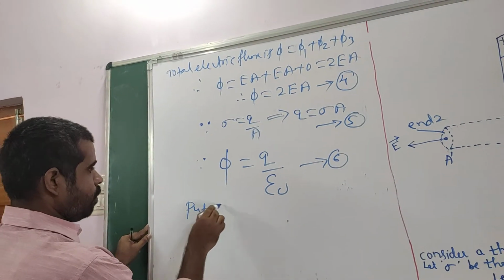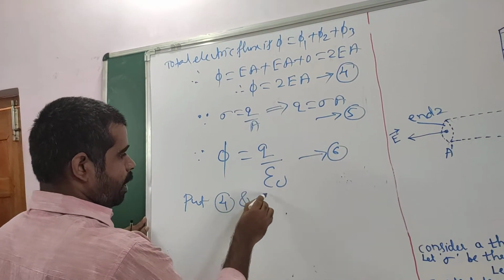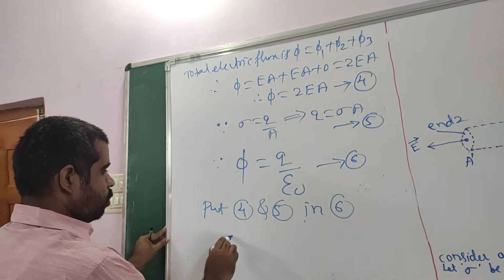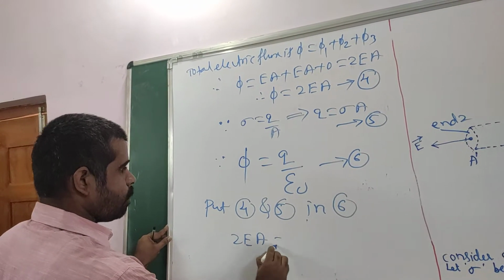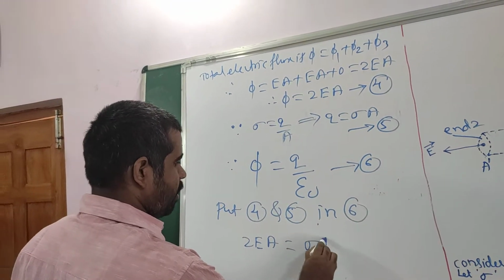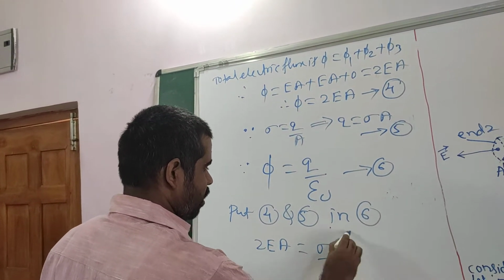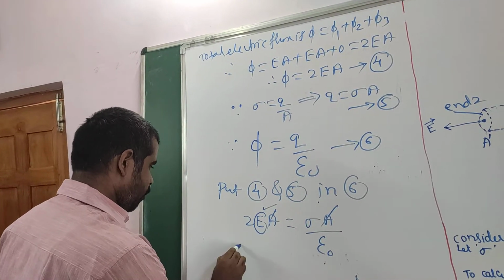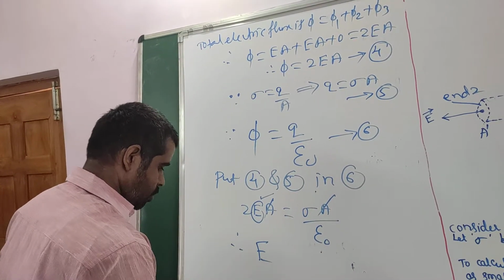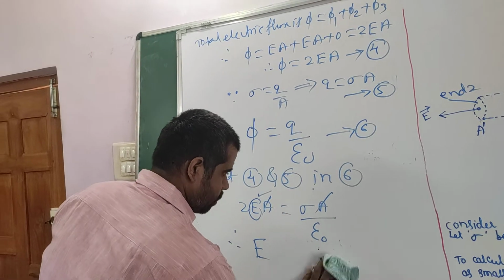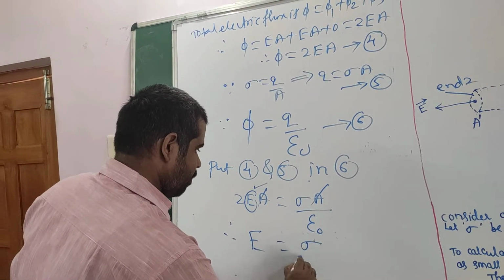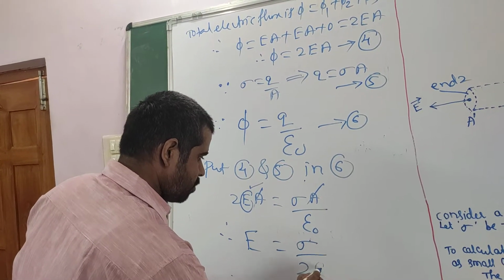Put 4 and 5 in 6. We get, what is phi? 2EA. What is Q? Sigma A divided by epsilon. A gets cancelled. What do you want? You want E. Therefore, E is equal to sigma divided by 2 epsilon.